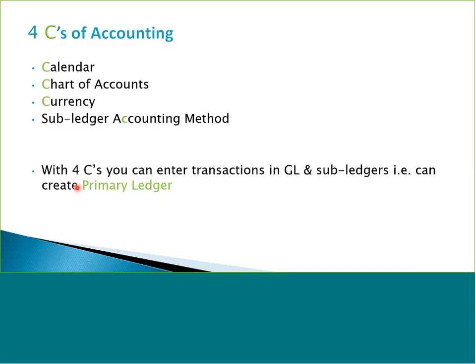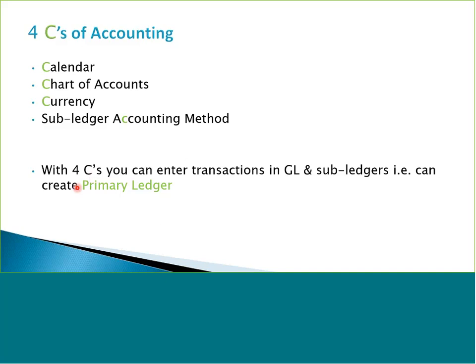Now, at this point, there are some things that I would like to clarify. When you're implementing a general ledger module, you have to create at least one ledger so that you can use your GL module. This also means you can create multiple ledgers in your GL module. Why would you create multiple ledgers?